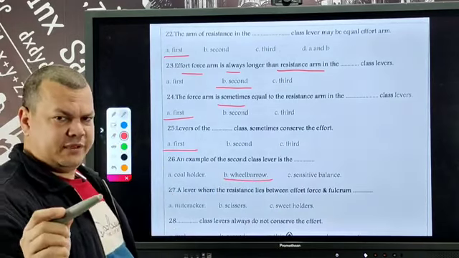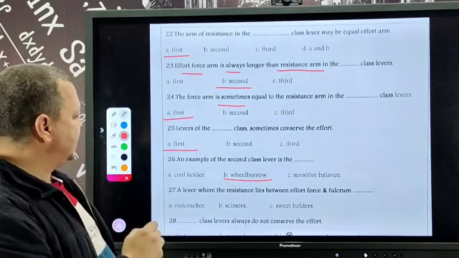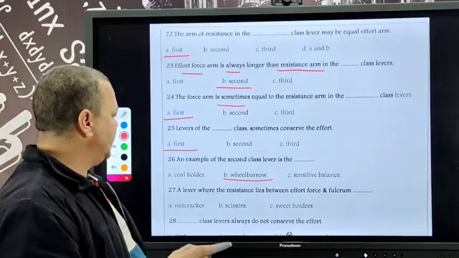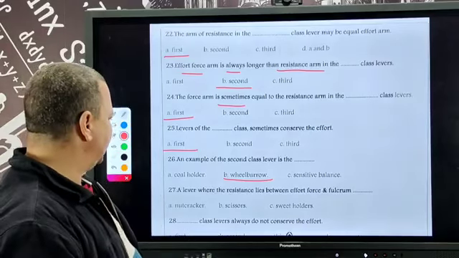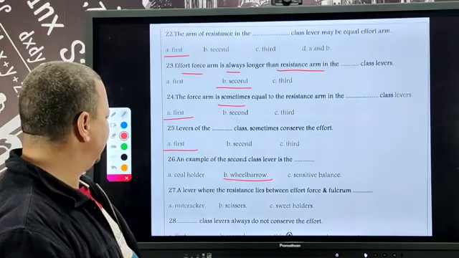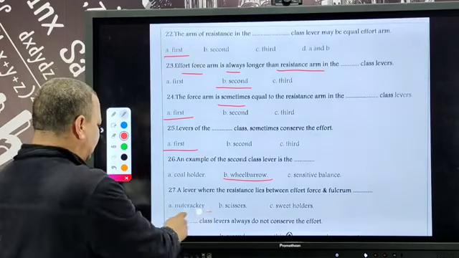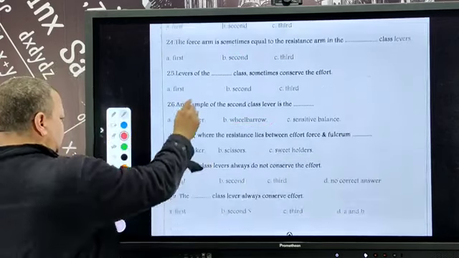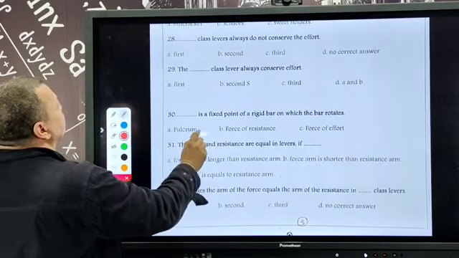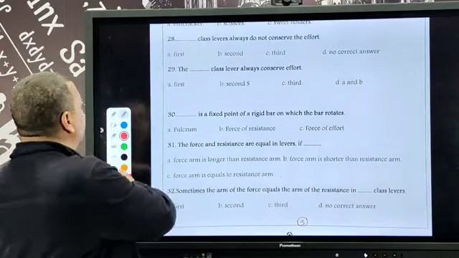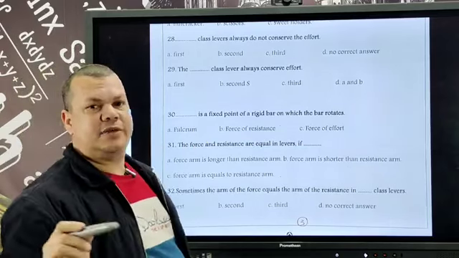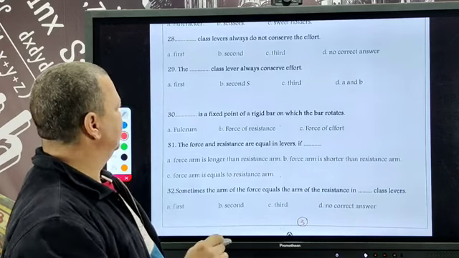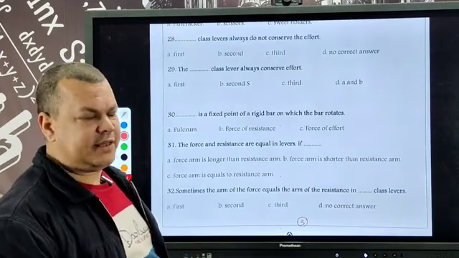Number 27: a lever where the resistance lie between effort force and fulcrum. يعني يعتبر resistance in the middle. بتلاقي طبعا ده النوع الثاني. فين اكزامبل النوع الثاني؟ بنلاقي النات كراكر. space class lever always don't conserve effort. دي في النوع الثالث third class lever.